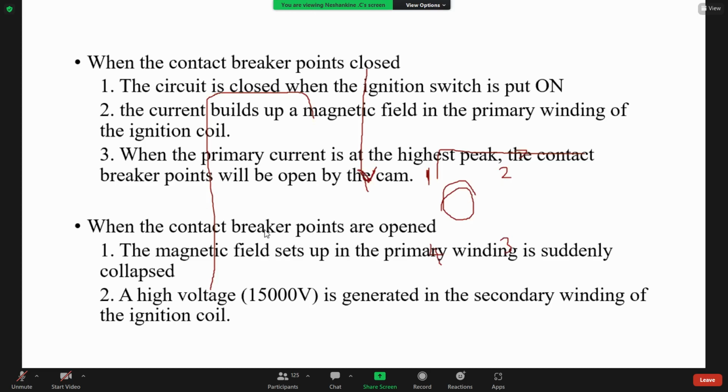Then we move to the next stage, contact breaker point open. At that time the magnetic field collapses in the primary winding because current flow is stopped now. Then we can observe high voltage generated in the secondary winding coil.